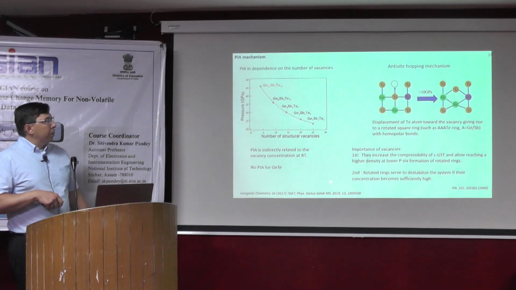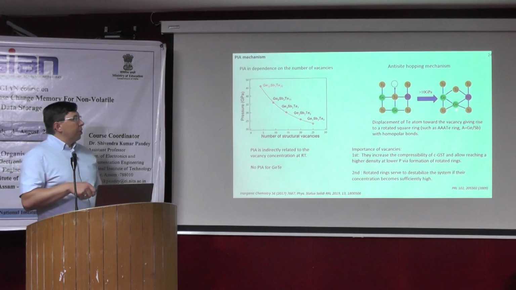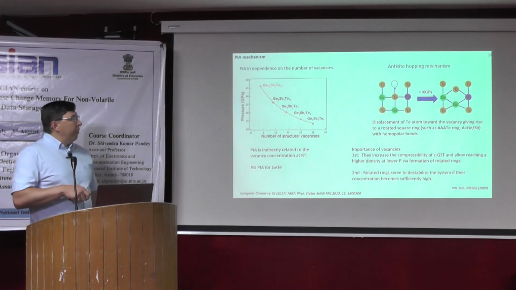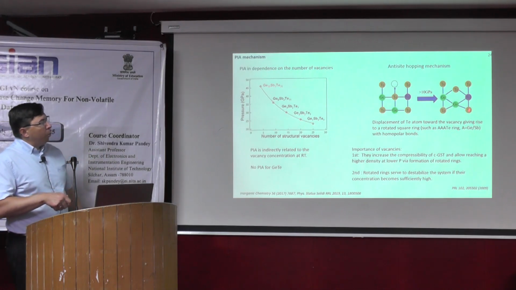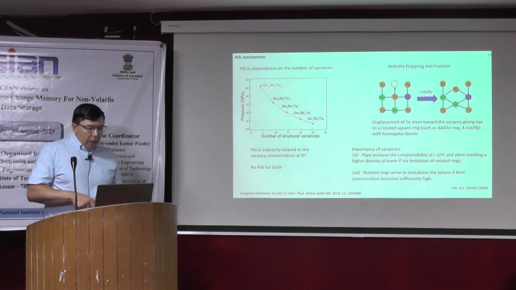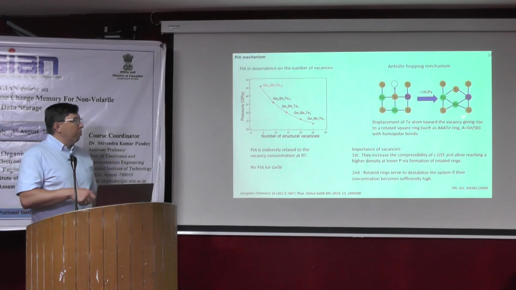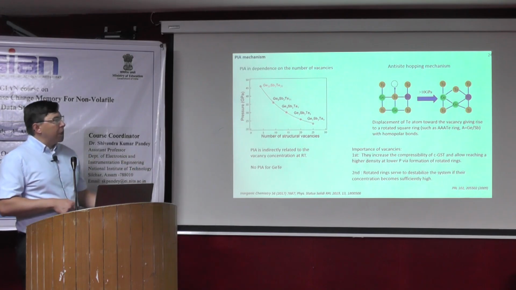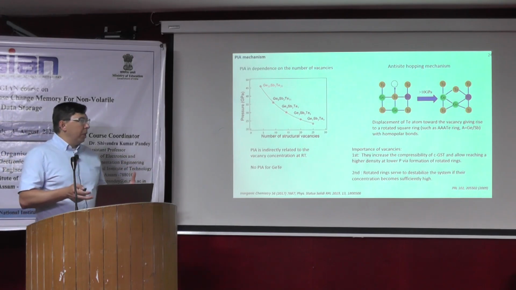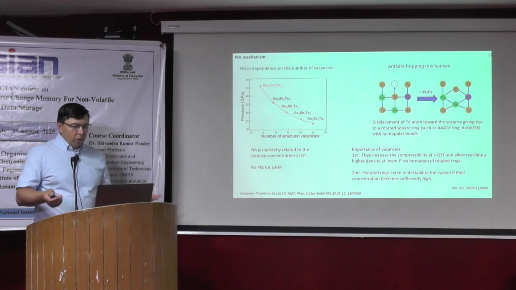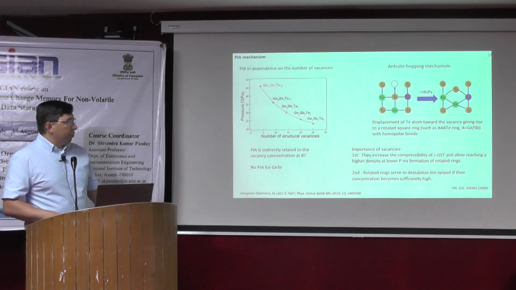And second, if such rings are formed, due to these homopolar bonds they destabilize the system, and if the number of such rings increases and is sufficiently high, then the system is destabilized and transformed to the amorphous state.